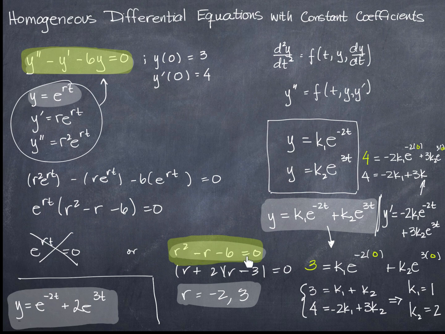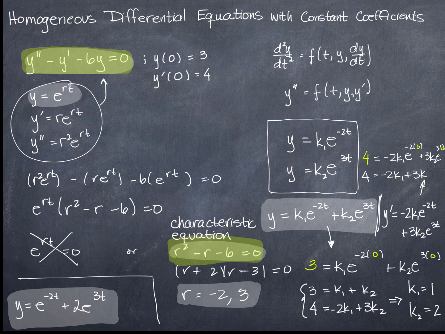All right, there's a little bit more vocabulary we need to discuss here. This equation here is called the characteristic equation for the differential equation we have here. In fact, notice the coefficients here are 1, -1, and -6, and the coefficients here are 1, -1, and -6.